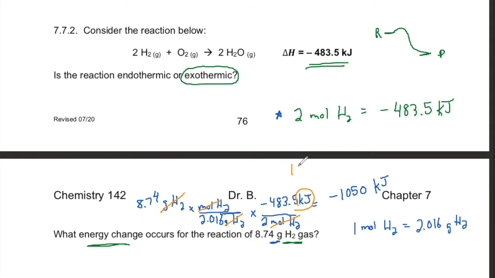My calculator actually gives me a lot of digits for this one, negative 1048.062996 kilojoules. But since we only started with 3 significant digits in our mass of hydrogen gas, I went ahead and rounded it to 3 significant digits in the answer.